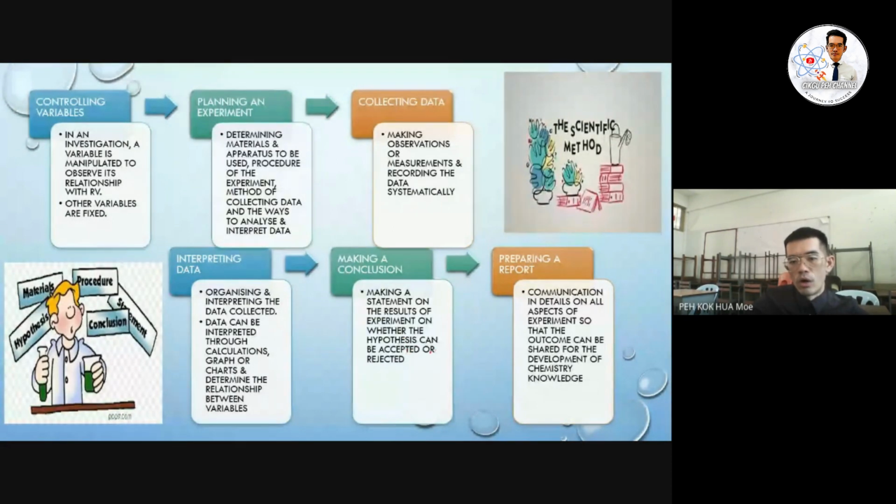Or if the hypothesis is rejected, which does not fulfill the criteria you want, then you have to repeat and redo the hypothesis until you are able to prove your hypothesis is actually correct. Okay, and then last will be preparing a report, a publication in detail on all aspects of the experiment, so that the outcome can be shared for the development of chemistry knowledge.